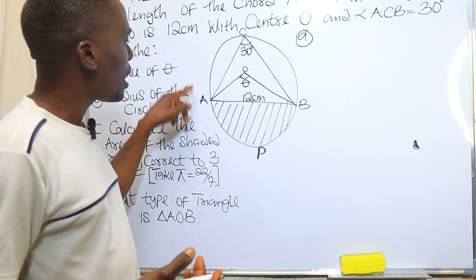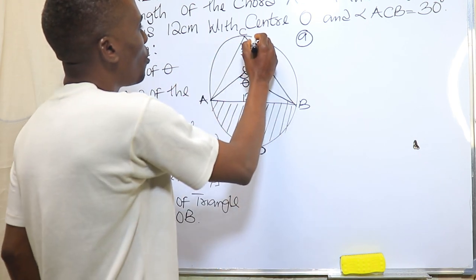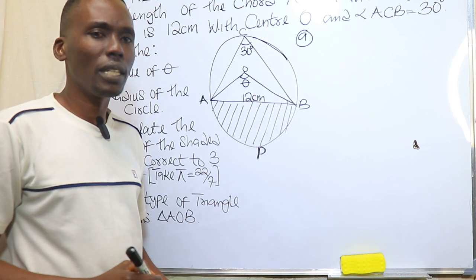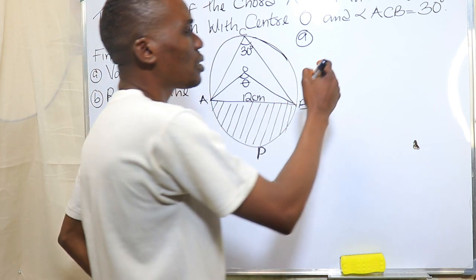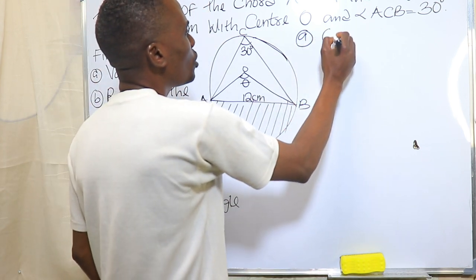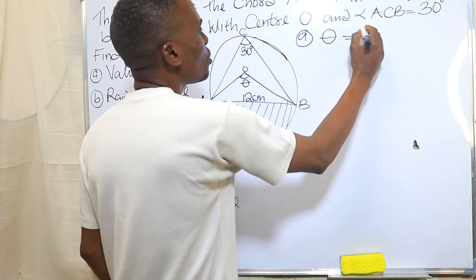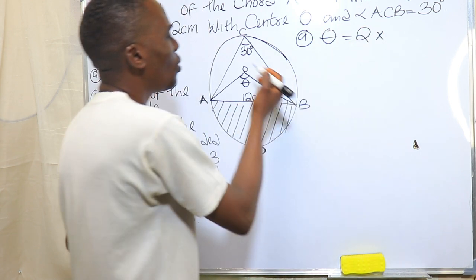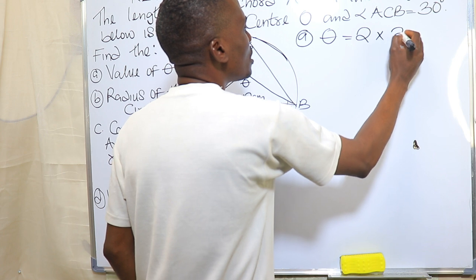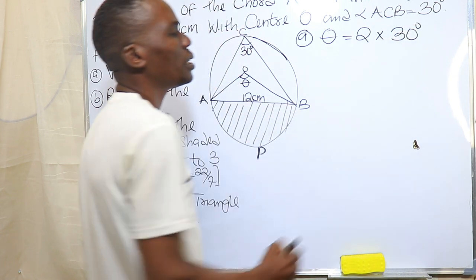All these points are on the circumference of the circle. Take note of that. So the theorem says the angle at the center, which we know as theta, is equal to 2 times the angle at the circumference, which is 30 degrees.